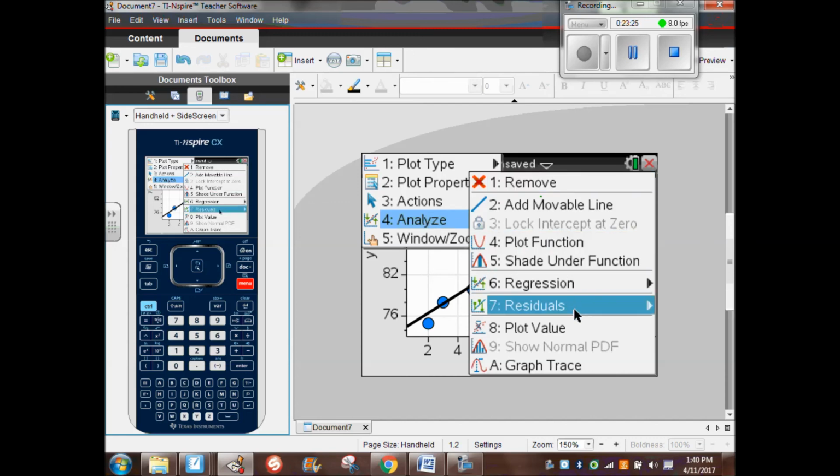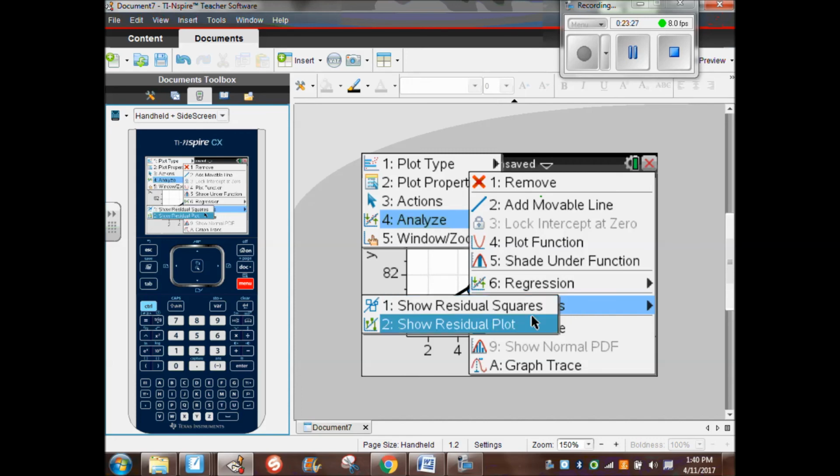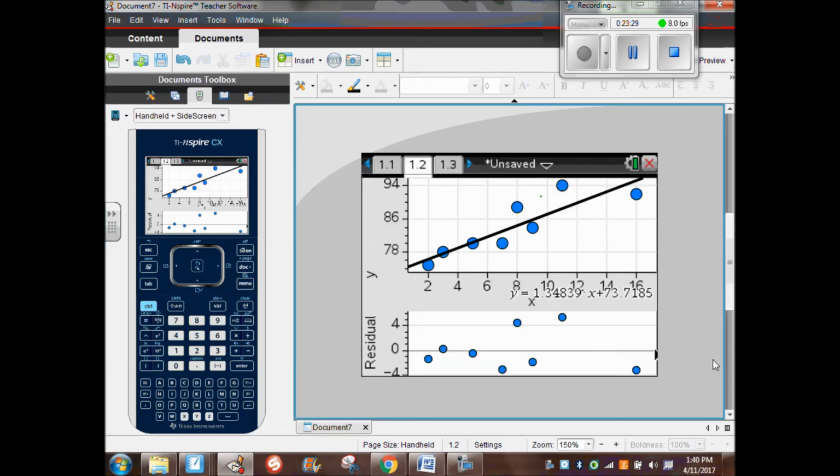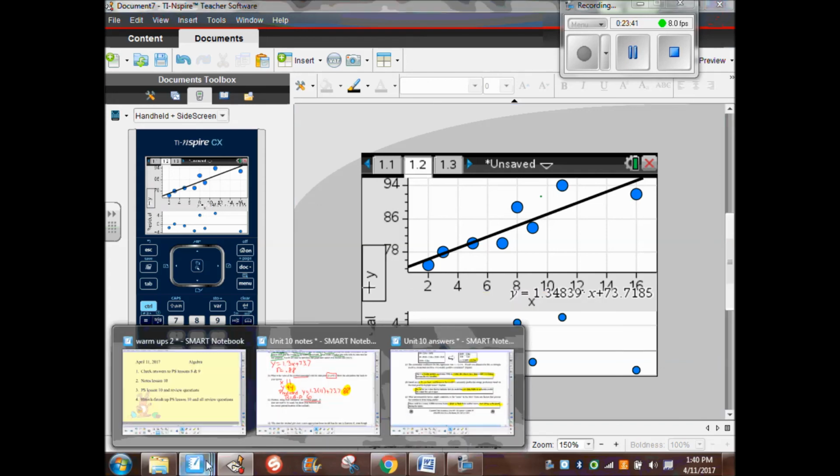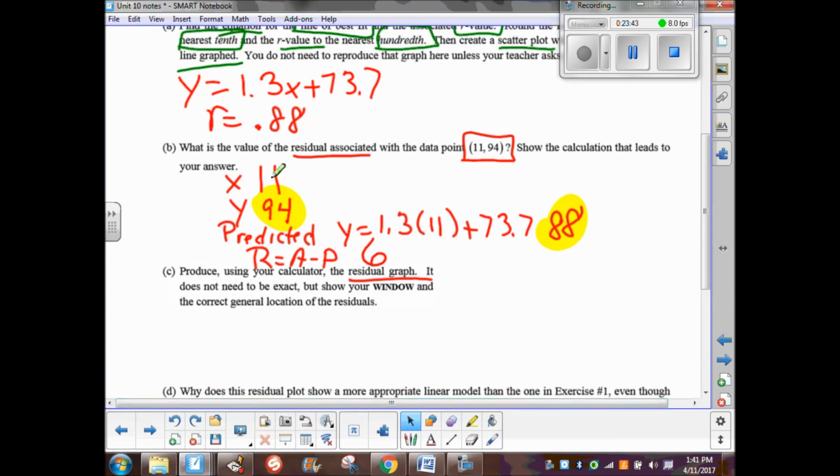Residuals, then what? Plot. Residual plot, yep. Okay. Now, let's see were our calculations correct. They want to know what we calculated that the point was, 11.6.